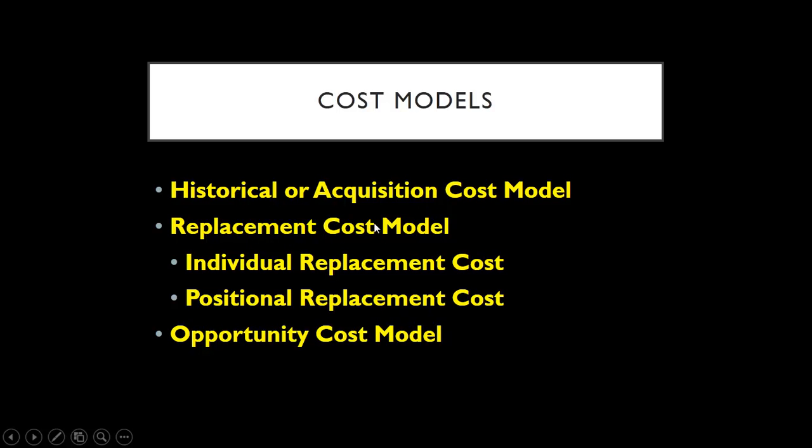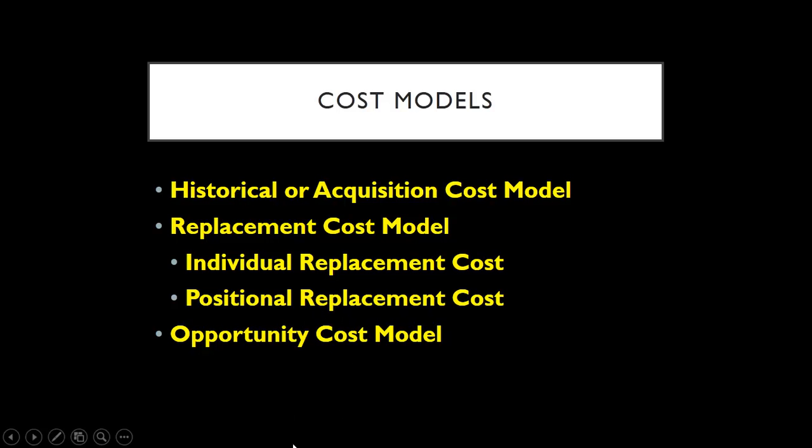Whereas in case of replacement cost, instead of money spent, we would like to understand how much will be required to replace an existing human resource, either on an individual replacement cost basis or on a positional replacement basis. But nonetheless, it again sticks to the cost only.